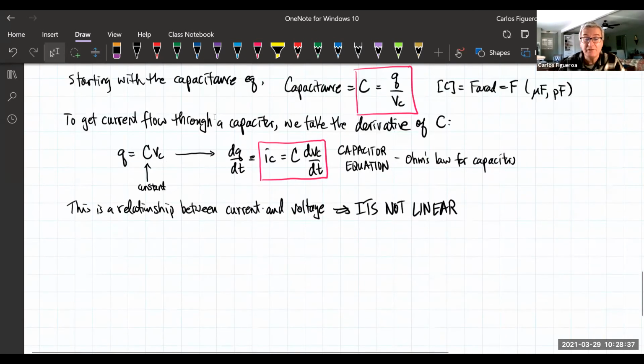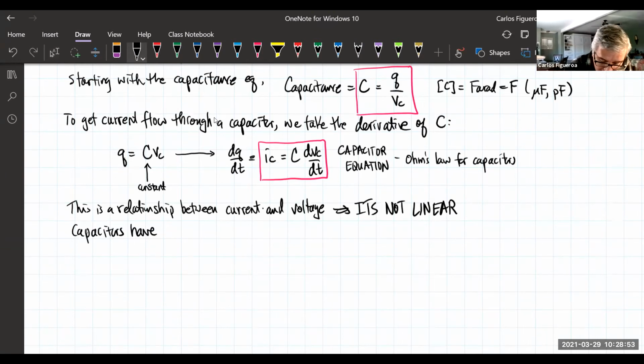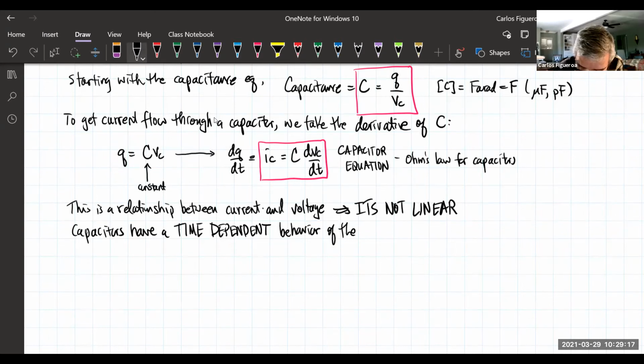What this is telling us is that capacitors have a time dependent behavior of the current and voltage.